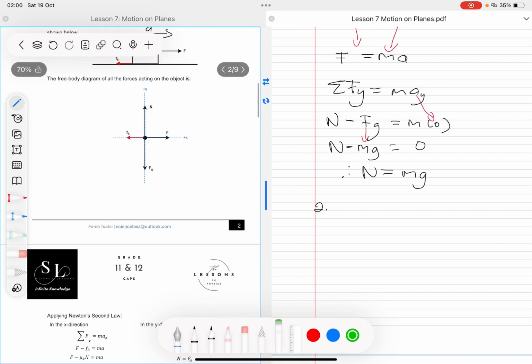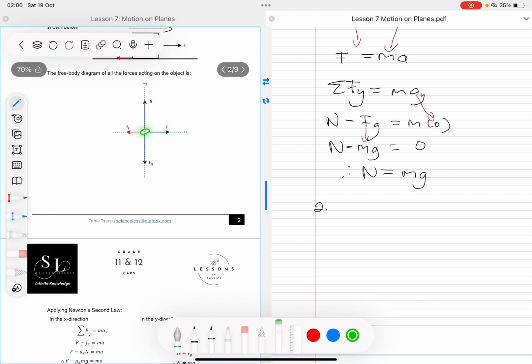Now if we draw this as a free body diagram, the object will be modeled as a dot. This is the applied force, this is the kinetic friction force, the normal force going up, and the force of gravity going down. Again, we have a reference frame here that says x is positive when it goes there and y is positive when it goes there.